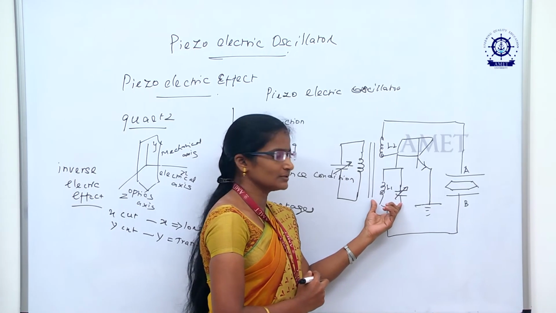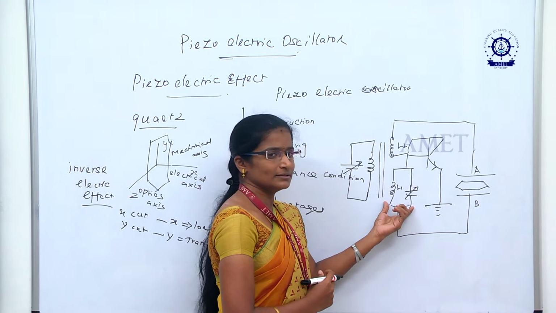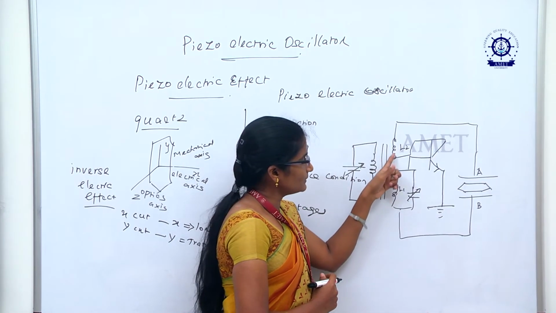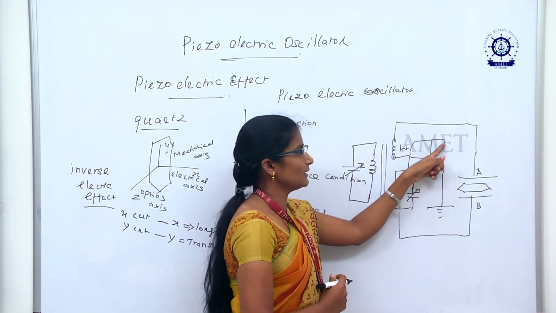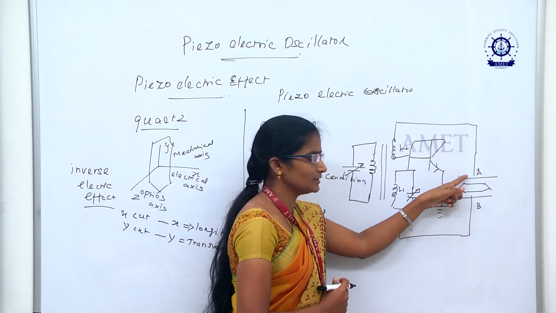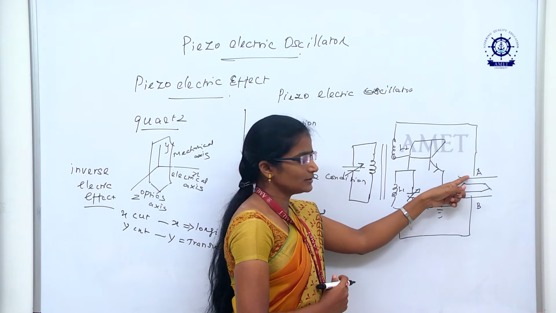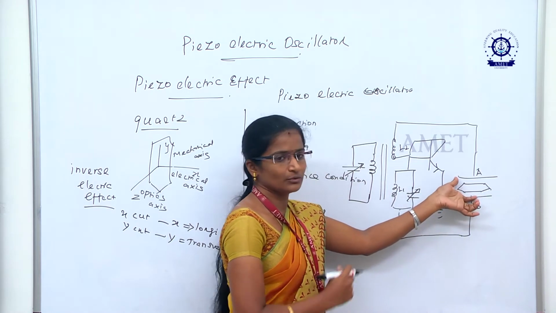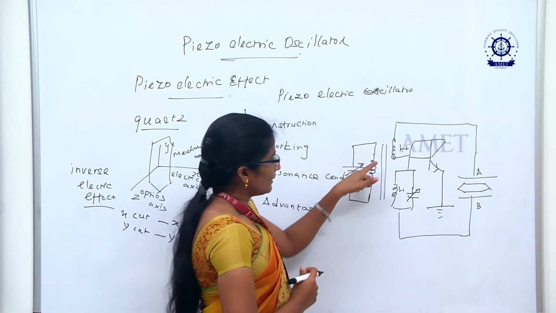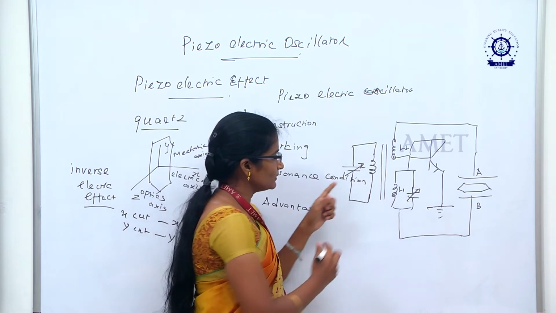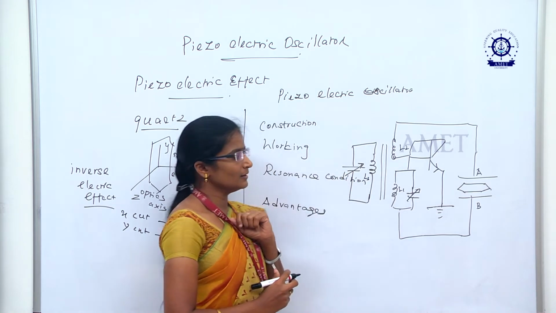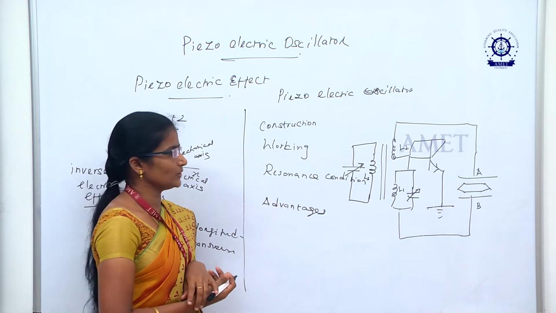This tank circuit is also called the oscillator circuit, and it produces the frequency of the oscillator. Another induction coil is connected with the collector of the transistor, and its two ends are connected to the parallel plates A and B. Inside these parallel plates we fix the quartz crystal. The secondary transformer coil, noted as L3, is connected with the high tension battery. This is the construction of the piezoelectric oscillator.